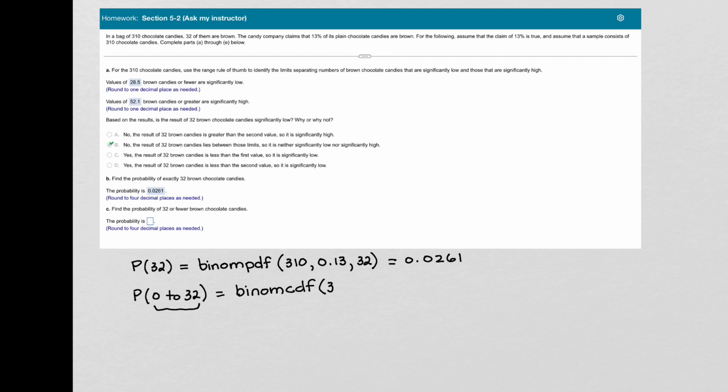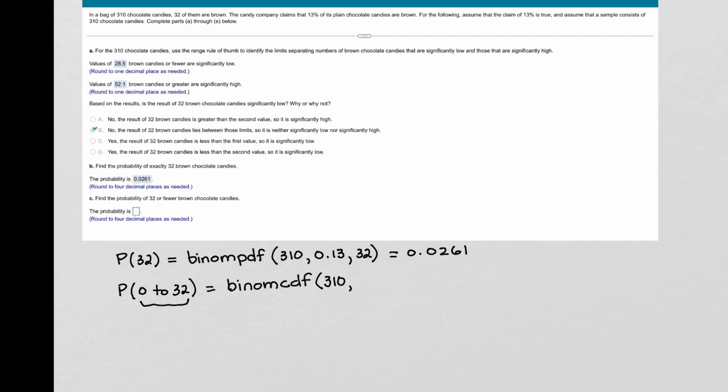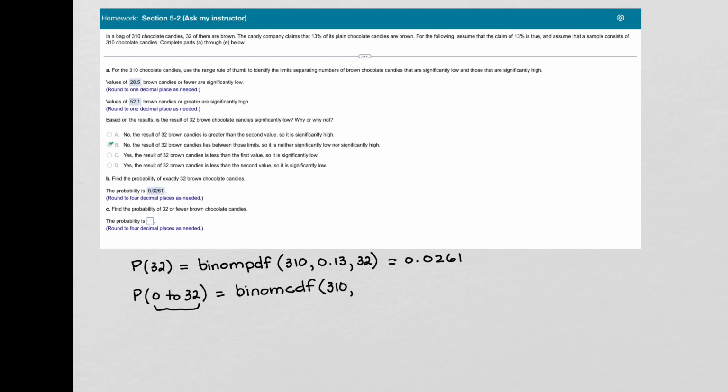So again, we have 310 in the sample, and 13% probability of getting a brown M&M, and the maximum number of successes is 32. So it looks almost like what we just did, but the big difference is that here it was PDF because it was specifically for that single number of 32, and now we have CDF because we're going all the way from 0 to 32. And so this turns out to be 0.0909.